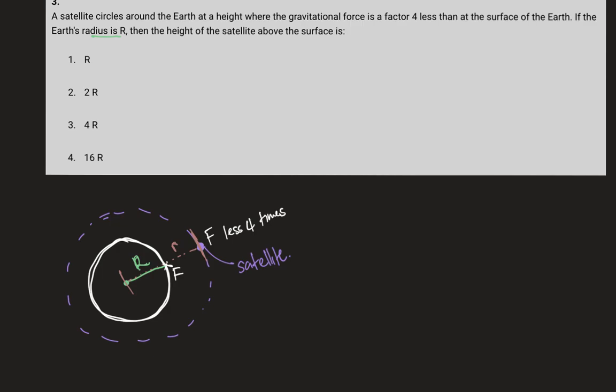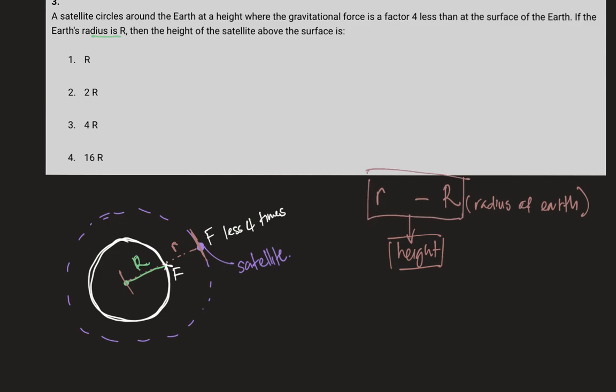So I know that if I take r and I minus big R, that's the radius of Earth, then I'm going to find my height. Okay. So this equation here is going to lead me to find that height.